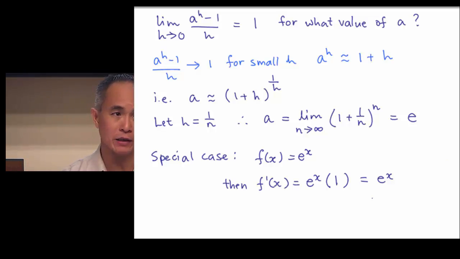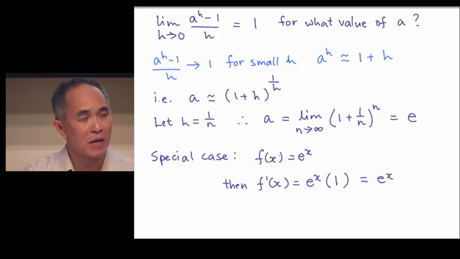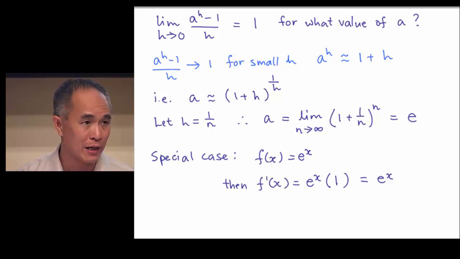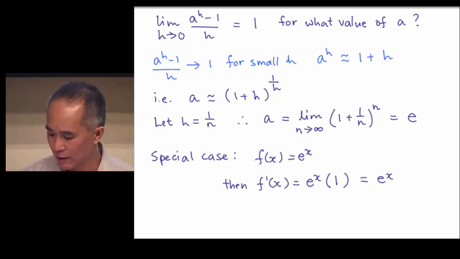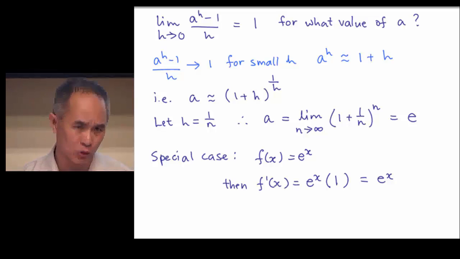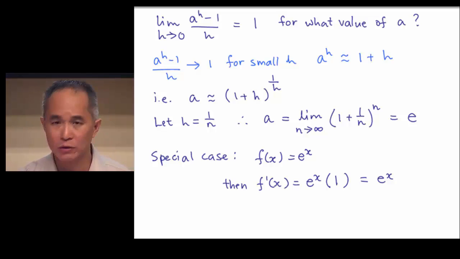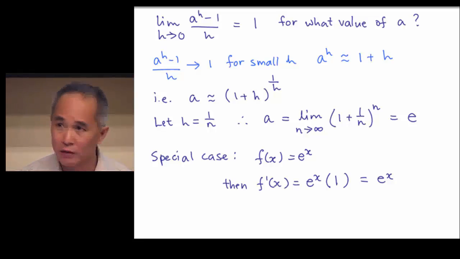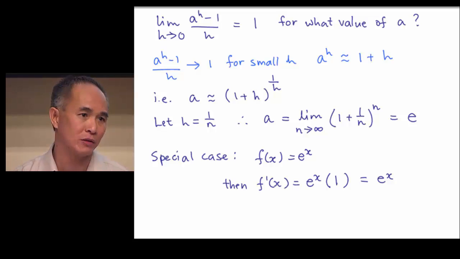In order to give them an idea of what the derivative of e to the x is, and by the way, that's included in the additional maths syllabus, you may want to just write this down as a rule, because you may not want to go through the whole thing. Or alternatively, you may want to go through this, but not ask them to evaluate this limit, because they probably will not be at a stage where they are able to evaluate limits.